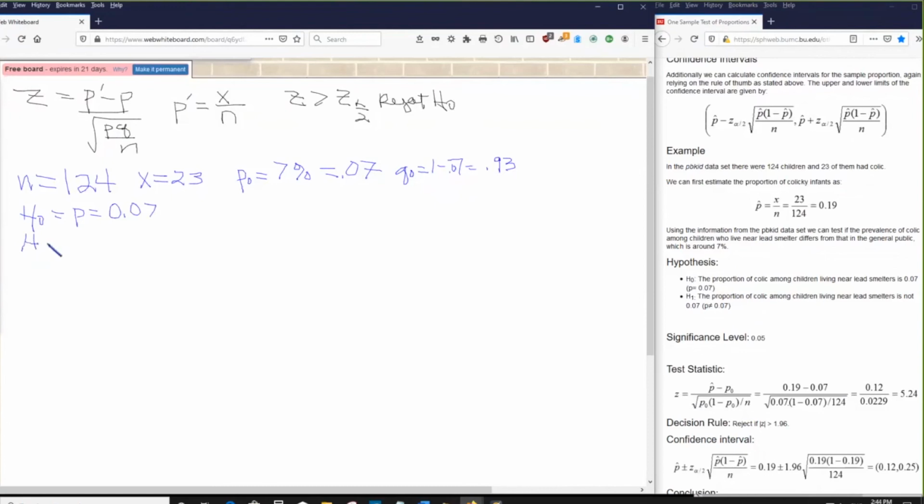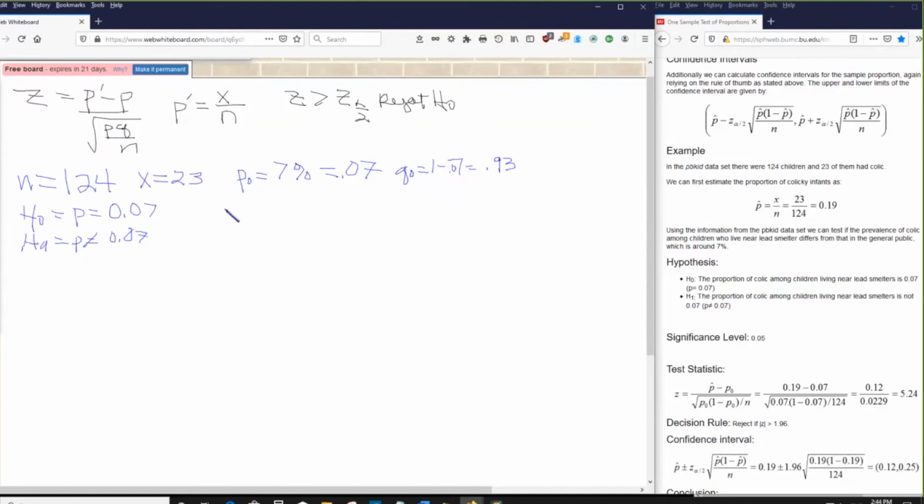We make the alternative to be the opposite. It's going to be something different than the general public prevalence.